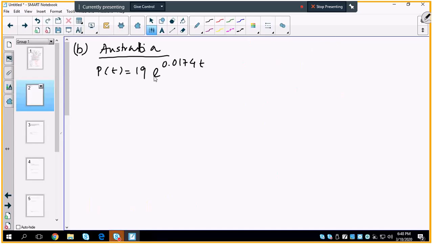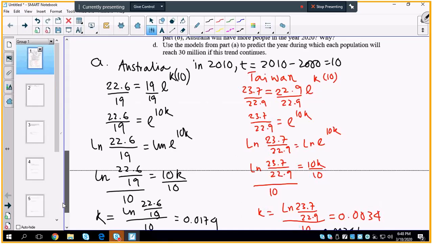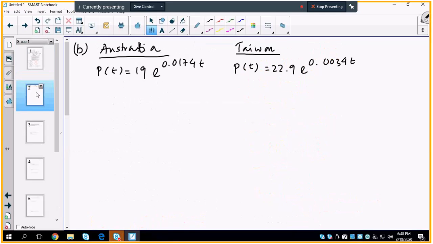For Taiwan, I have a different model, but I do have a model, and that's P of T is equal to 22.9 times e to the power 0.0034 times t. Let me check it one more time if I have remembered it right. It is 0.0034t.